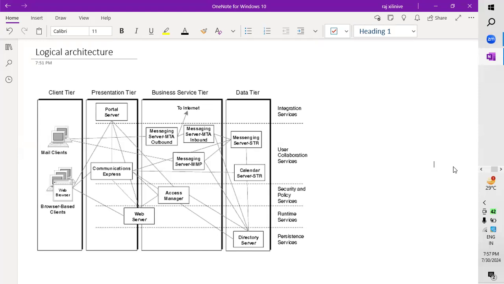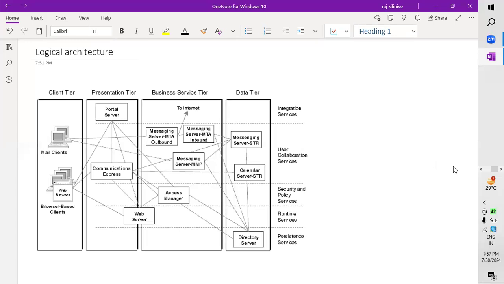So in regard to that, whenever we as solution architects try to understand the logical architecture from all four types, whether it is the client layer, presentation, business service or data layer, it is always important to understand it from the access management point of view, where the accessing of user information is normally stored in the directory server to start with.